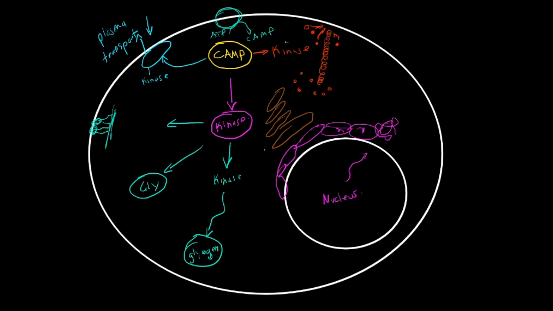And then all of the different effector molecules, the kinases that it affects, and the kinases that this kinase might phosphorylate or activate some sort of phosphatase that leads to transcription factors, or like I said, the destruction of some sort of glycogen or forming more glycogen, or maybe it might lead to a protease eating some sort of protein or digesting this protein that's no longer needed in the cell. So cyclic AMP is an essential molecule in cell signaling, intracellular cell signaling.